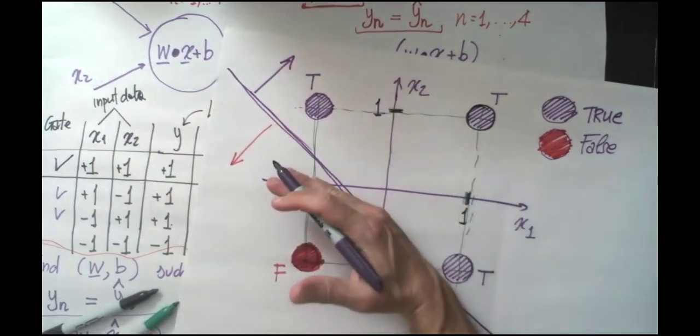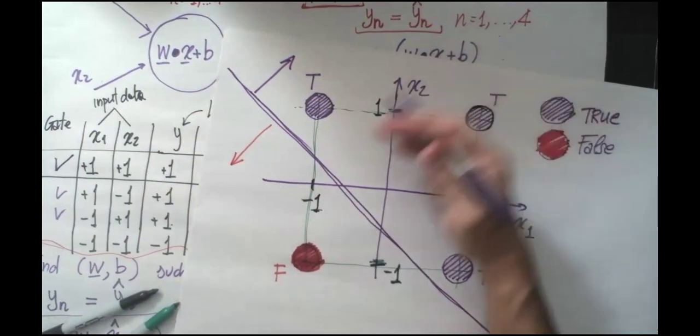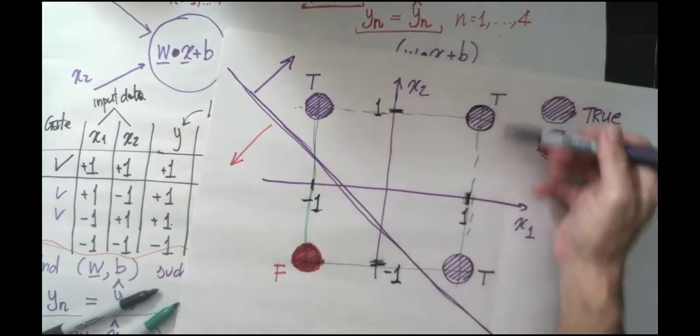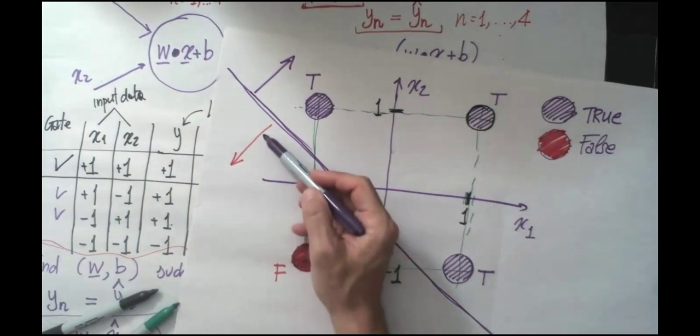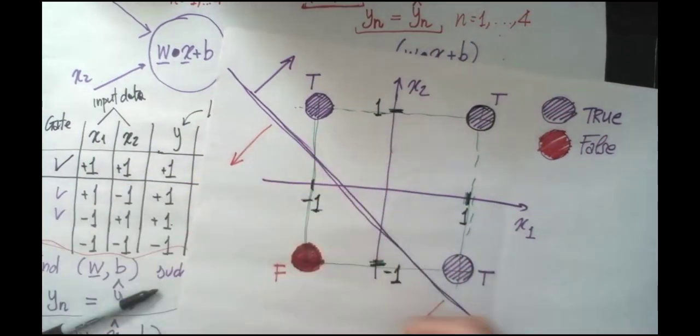These are the region of inputs that are going to give me a true output, and this is the region of inputs that are going to give me a false outcome.